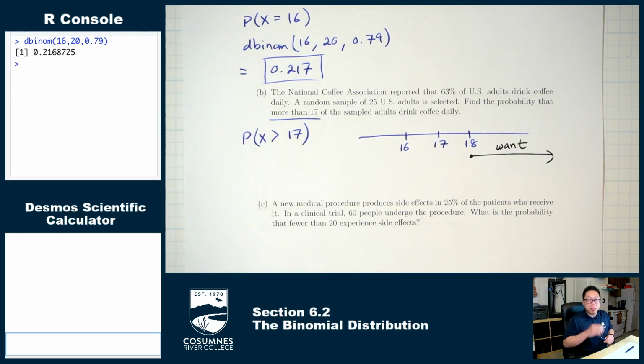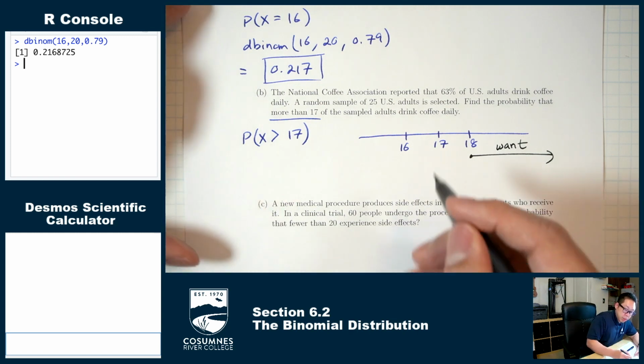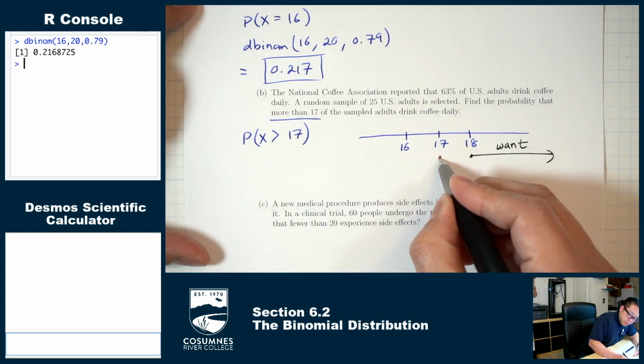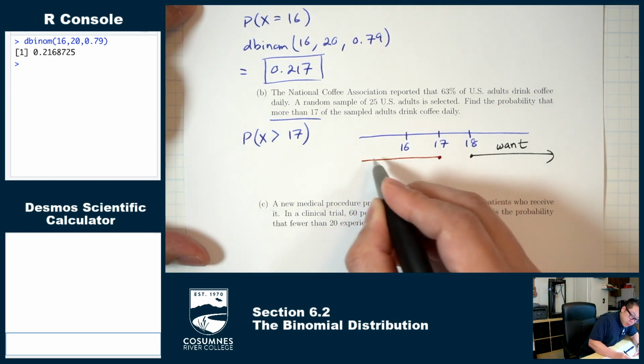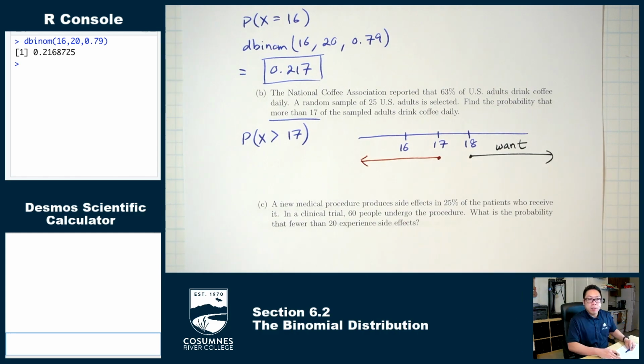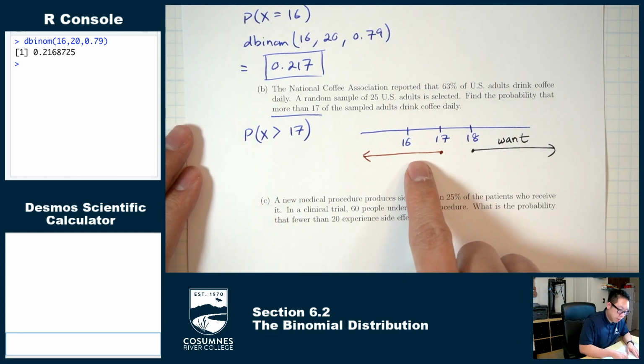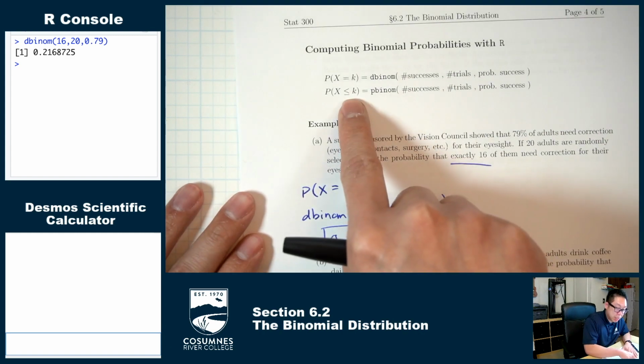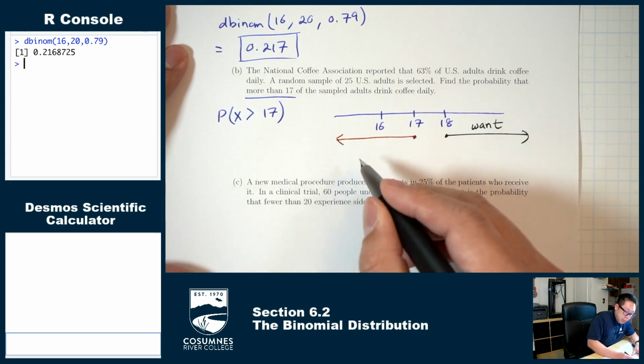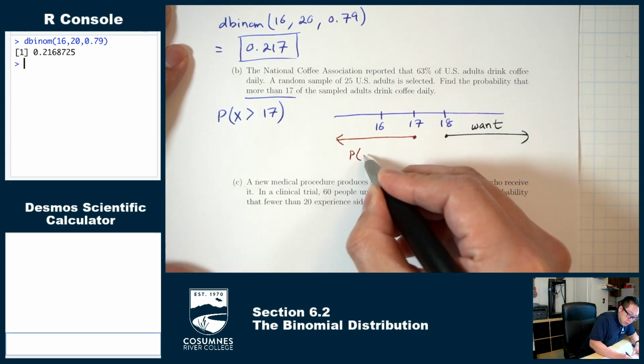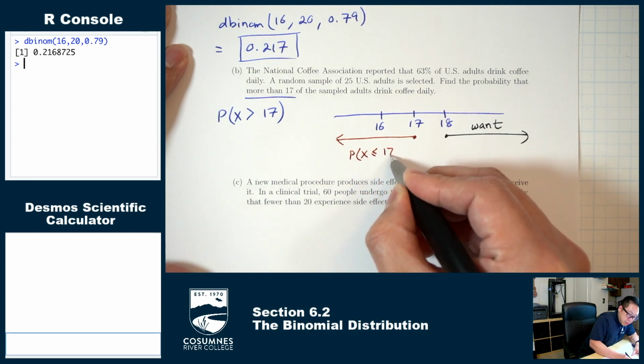Now, anytime you want something that is to the right, you need to first look at something to the left, this part to the left, which is 17 to the left. And the reason is because 17 to the left is something that I can write with a less than or equal, right? 17 to the left is less than or equal to 17, right?